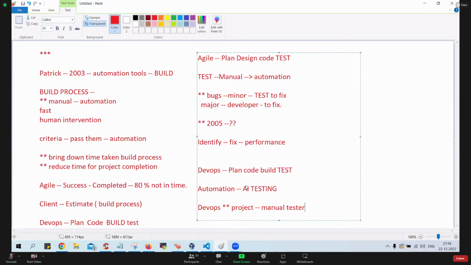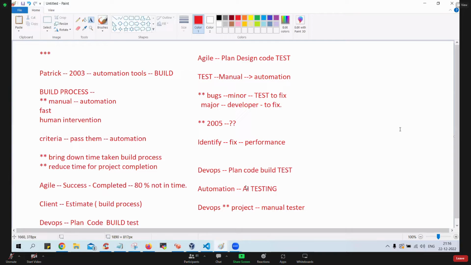Clear? So let's move on to the next phase, guys. Please write this point so that I can clear off and move to the next level. What is the next phase in Agile? What is the next phase, guys?